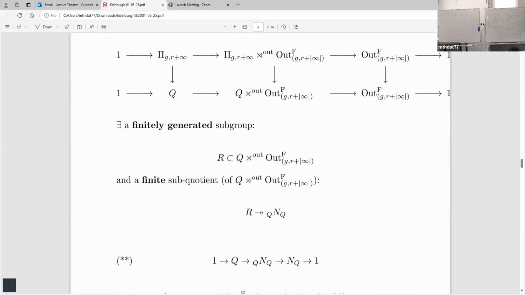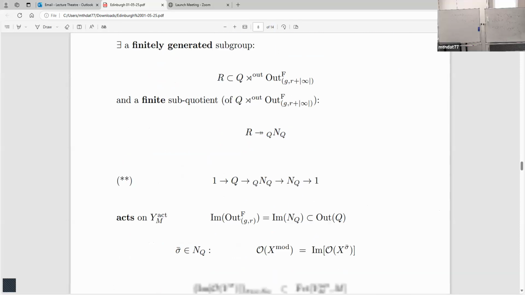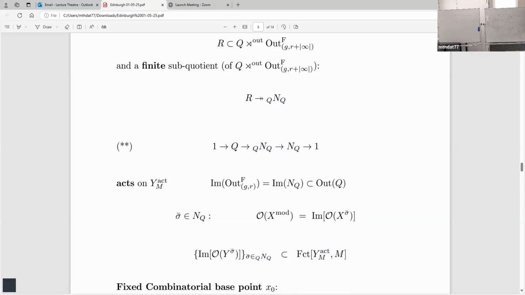And again, here, one can show there exists a finitely generated subgroup of this, right? And a finite subquotient of R, so this NQ, which has this form here, with the following properties. So first of all, the outer action of NQ on Q captures the outer action of out F on Q. So this is important because we are interested in the monodromy of out F on Q. We don't want to lose it.